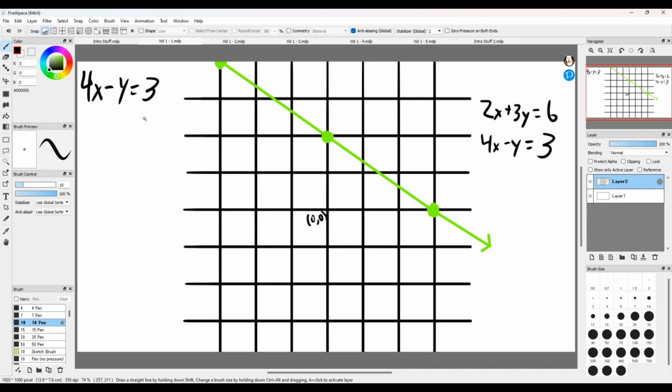All right, let's get right into it. We have 4x minus y equals 3. If I didn't already say it enough, blink, blink. So we have to subtract the 4x over. So negative y equals negative 4x plus 3. And then we have y equals 4x plus 3.